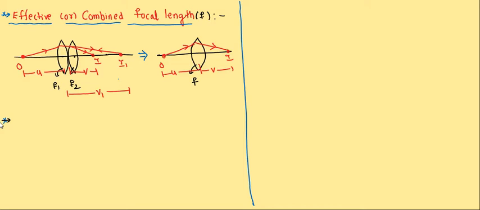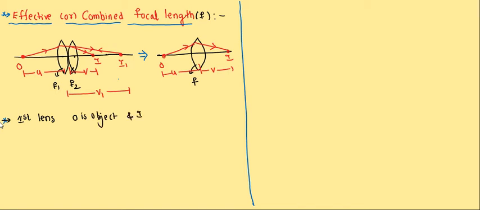For the first lens, which is the object and which is the image? O is the object, and I1 is its image.